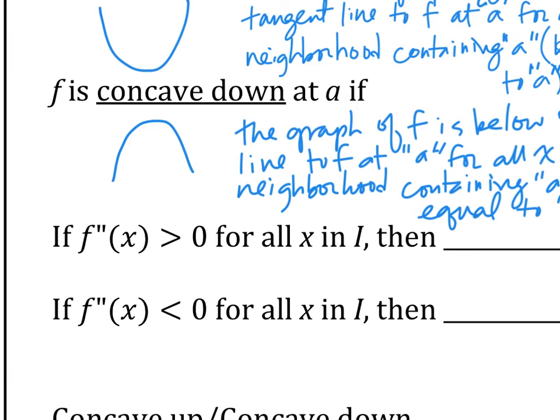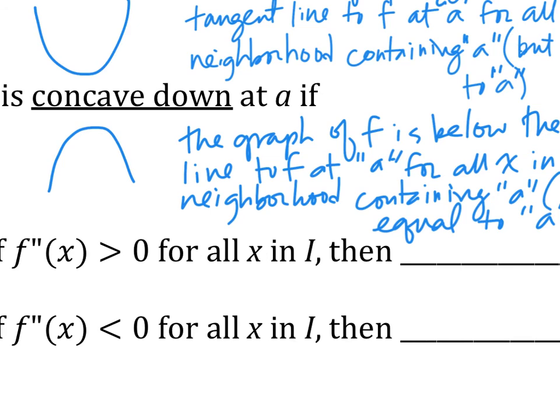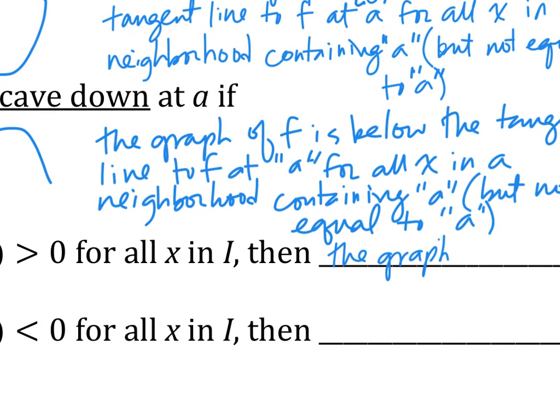So if the second derivative is greater than 0, that means it's positive for all x in I, meaning an interval, then the graph of f is concave up on I. So if the second derivative is positive, then your graph is going to concave up in the original graph.